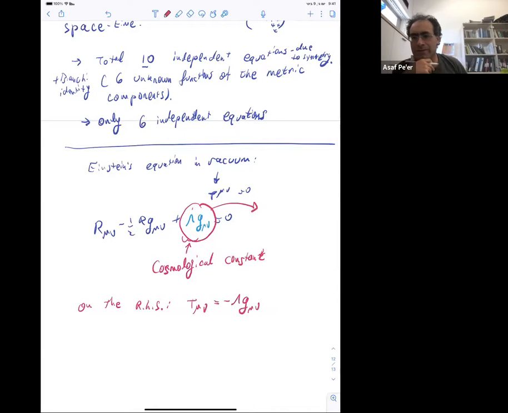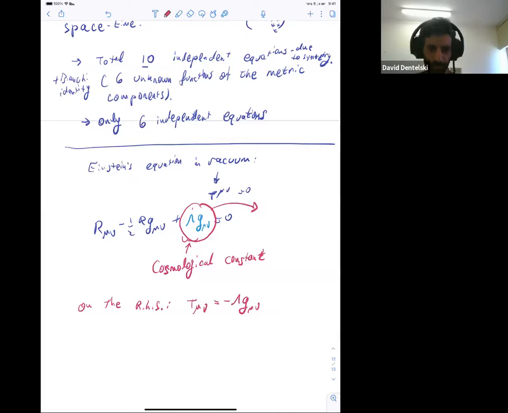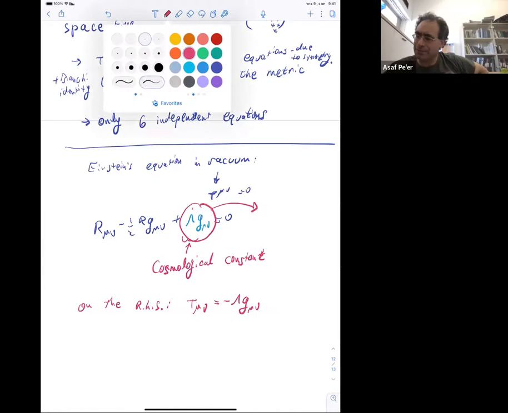So it's some sort of a negative energy momentum tensor term. How do we call that same term when it's occurring on the right-hand side? Dark matter. No, this is dark energy.